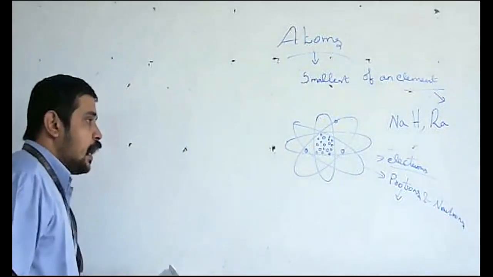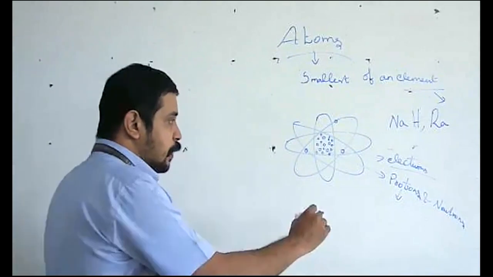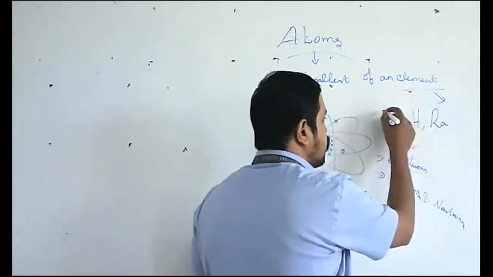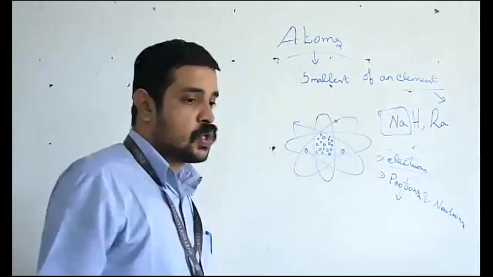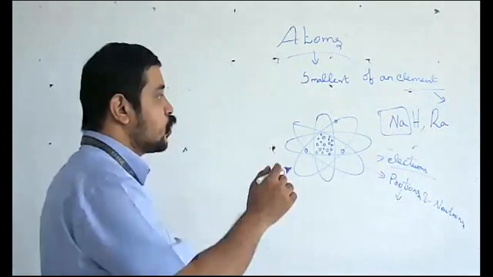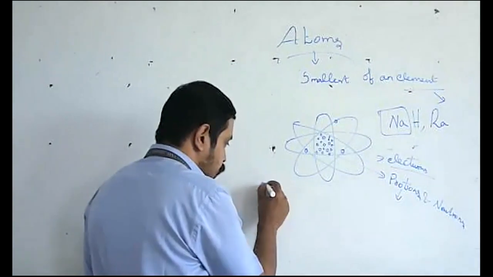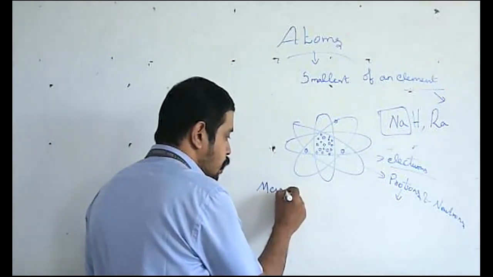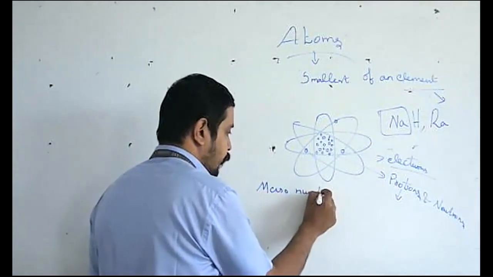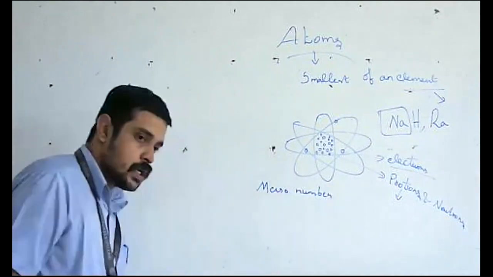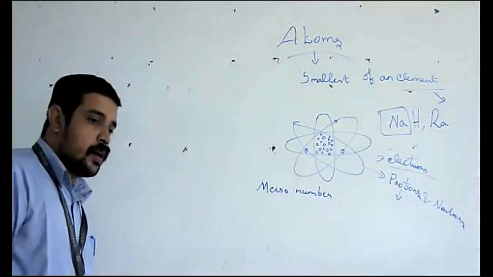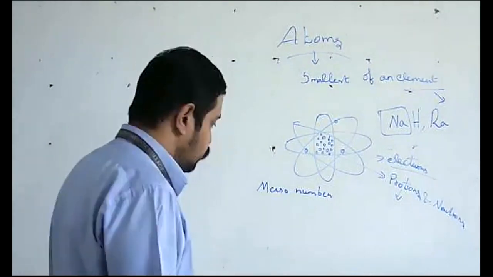Now, if you take an element, for example, let me take a simplified example, sodium. In sodium we have a term called mass number.